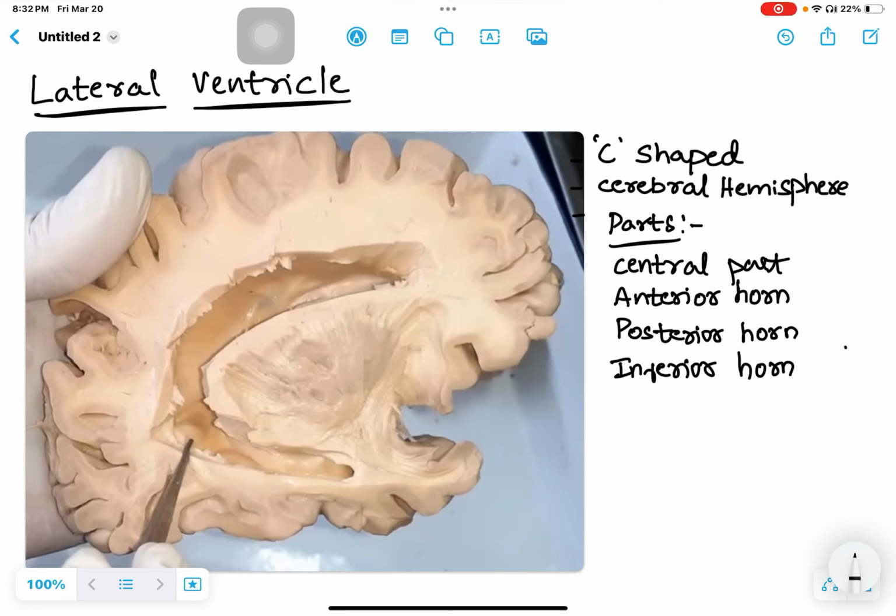Lateral ventricle. The lateral ventricle is a C-shaped ventricle which is present in each cerebral hemisphere.